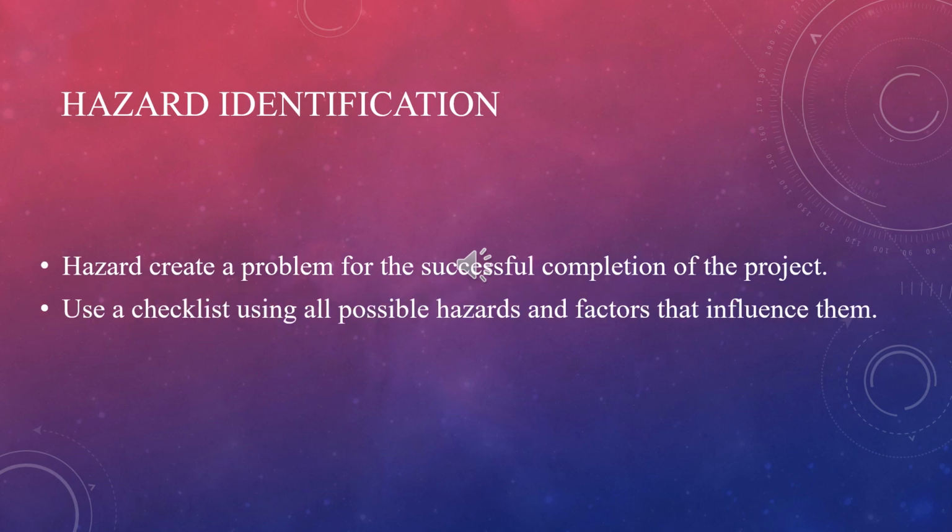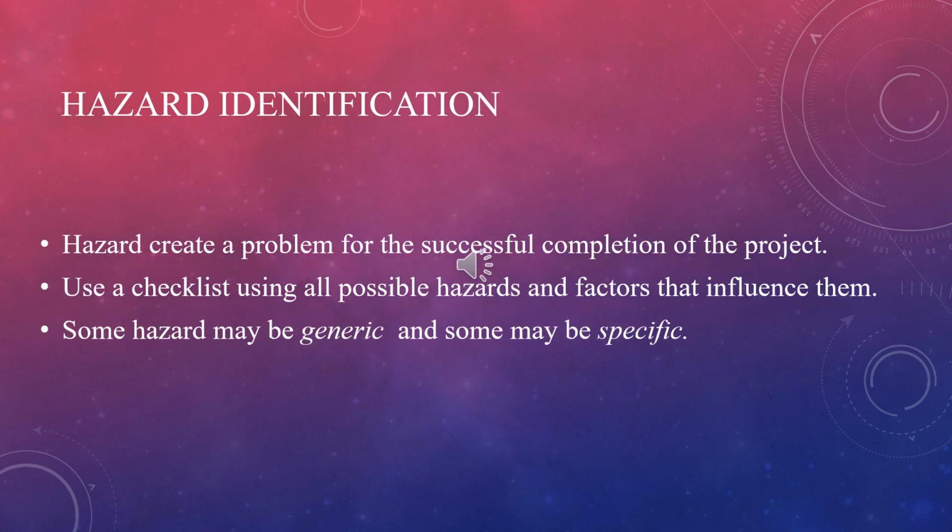A common way of identifying hazards is to use a checklist listing all the possible hazards and factors that influence them. Typical checklists list many, even hundreds of hazards and factors, and there are a number of knowledge-based software products available to assist in this analysis.